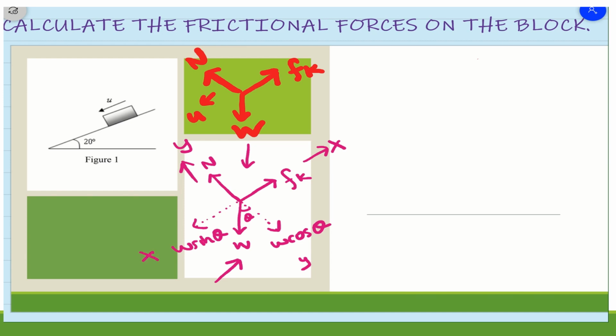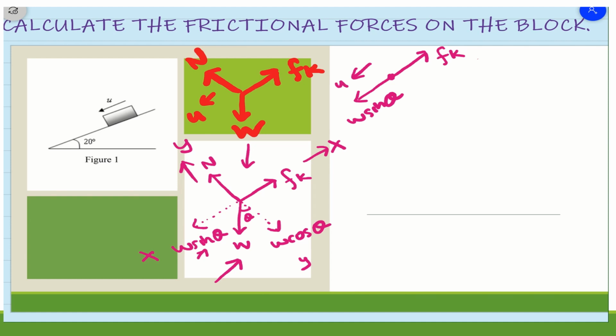So we must resolve W into the Y component, which becomes W cos theta, and into the X component, which becomes W sin theta. So I draw it here. You can see this is kinetic friction, this is the center, this is W sin theta, and the motion of the object is downward.